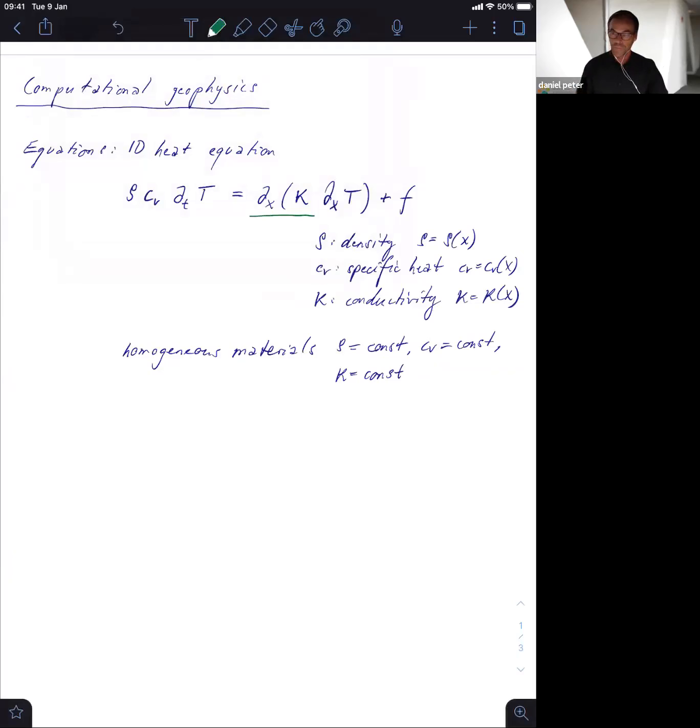And Professor, what about the heat source? When can we say that we have no heat source? Well, as soon as you, for example, turn off the heating, let's say you have a little heater, you turn it off, then you just let it go. So there is no source anymore, no heat source. Okay.